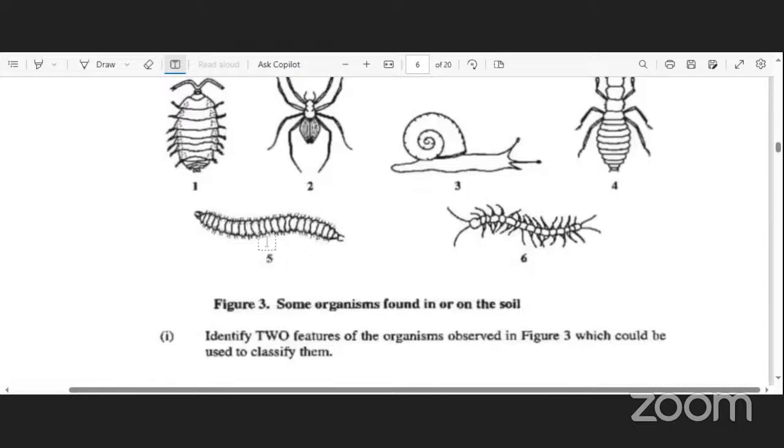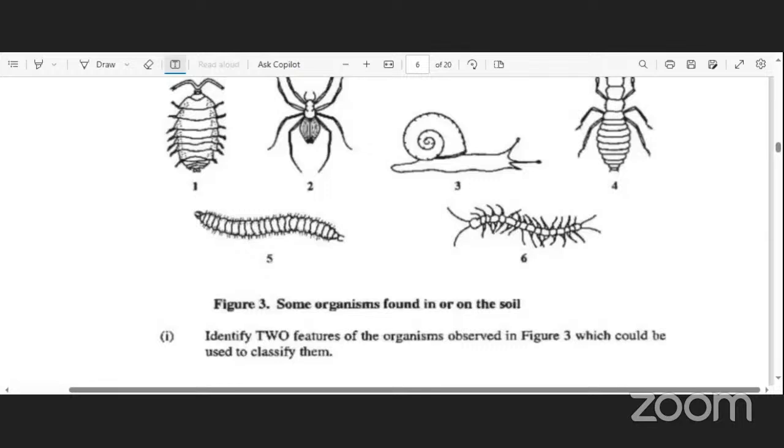Anybody can tell me what is organism 5? Millipede, very good. So organism 5 is a millipede.